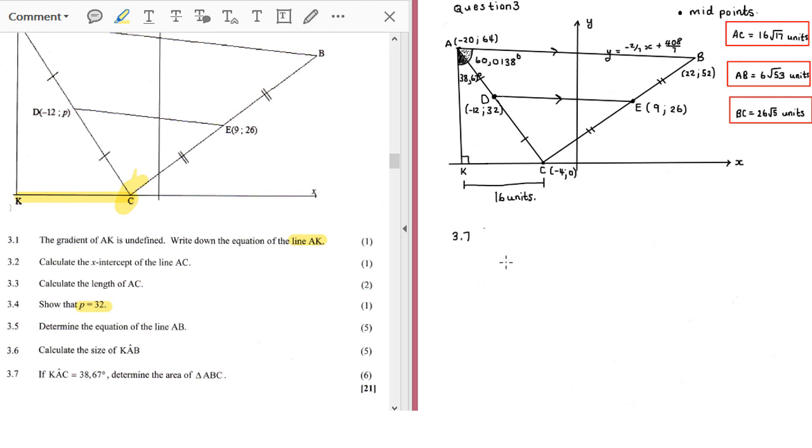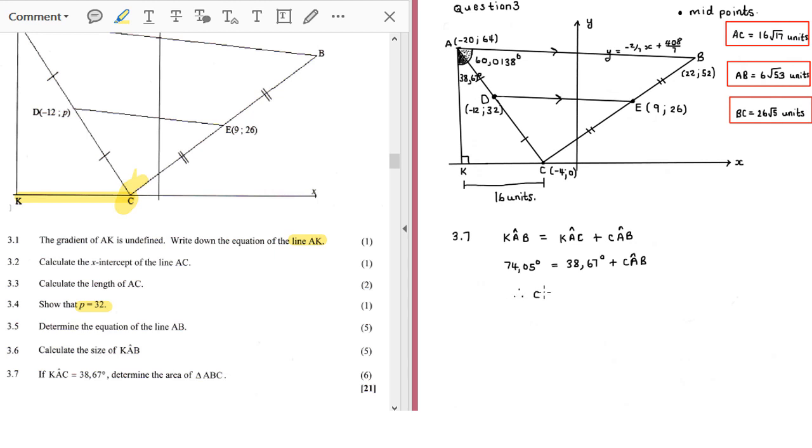Oh, okay, so remember we had that the full angle KAB would equal the angle KAC plus CAB, and we calculated that this full angle is 74.05 degrees. And now they're saying that this angle must be 38.67 degrees. So I'm guessing that is going to help us to calculate the angle CAB.